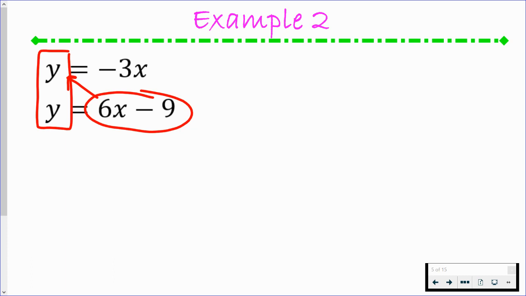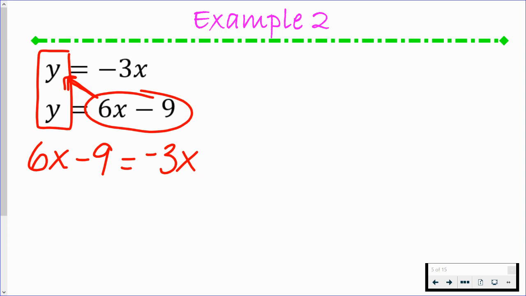So what I'm going to have is 6x minus 9 equals negative 3x. Okay. So all I did was take that 6x minus 9 and substitute it into the first y value.